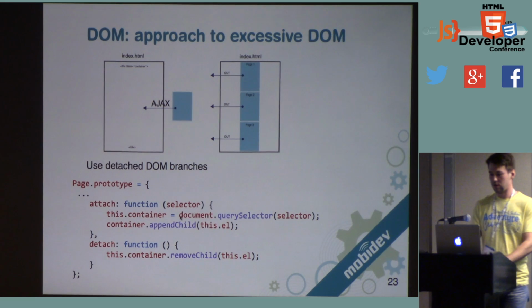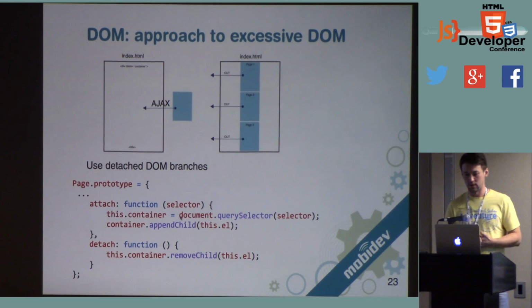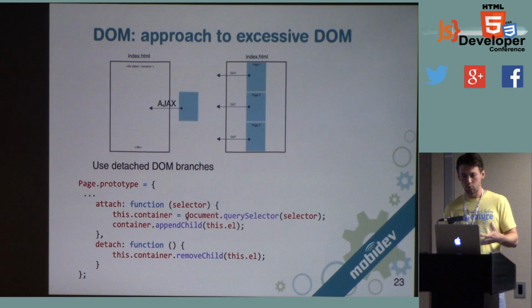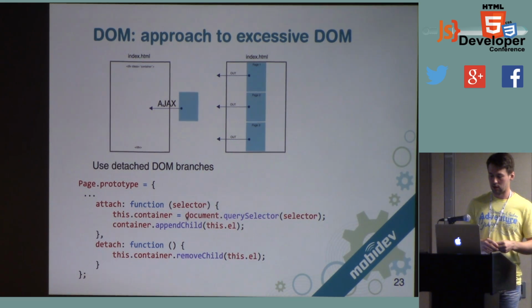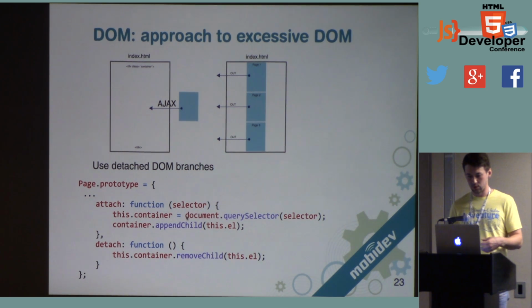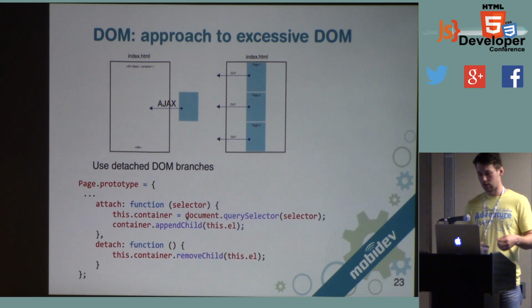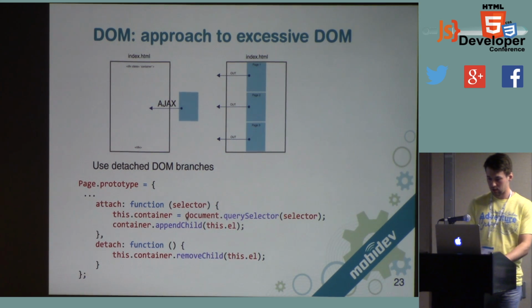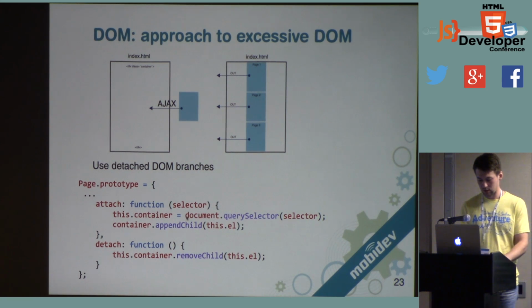The beauty of this example is that in JavaScript, your variables hold pointers to these DOM branches. So when you detach a branch, you still have a pointer, and the garbage collector will not free this memory. This saves a lot of time when switching between screens.